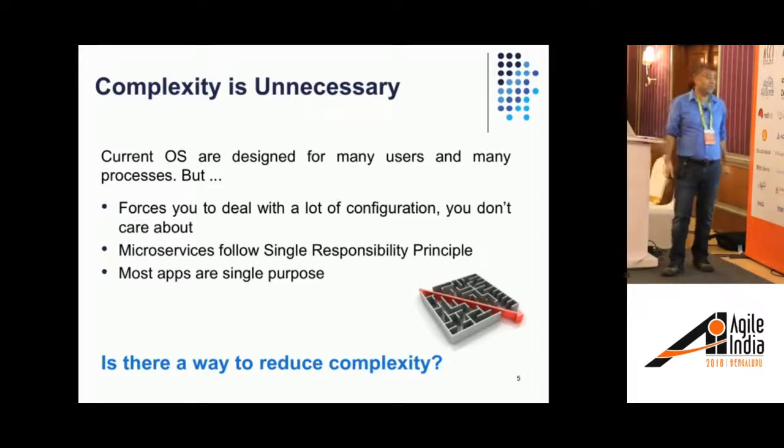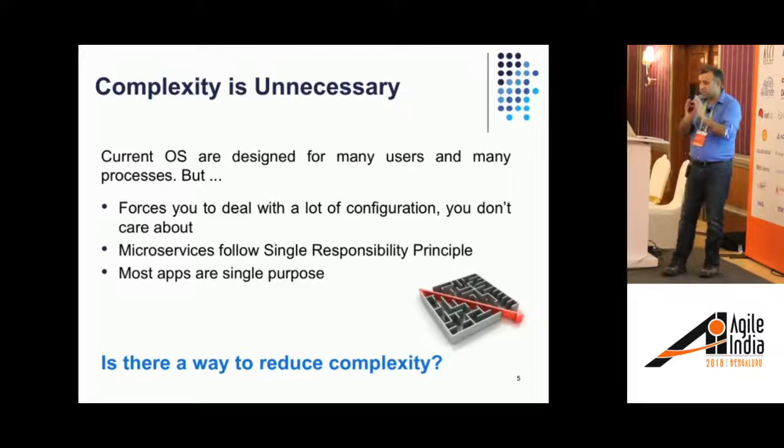These microservices follow the single responsibility principle: rather than a jack of all trades system, focus on one thing and do that one thing really well. So the current scenario is kind of an anti-pattern in the modern world. Most apps are single purpose. Most microservices want to have one or two endpoints. Yet we have to inherit this huge bulk of code that we don't use.